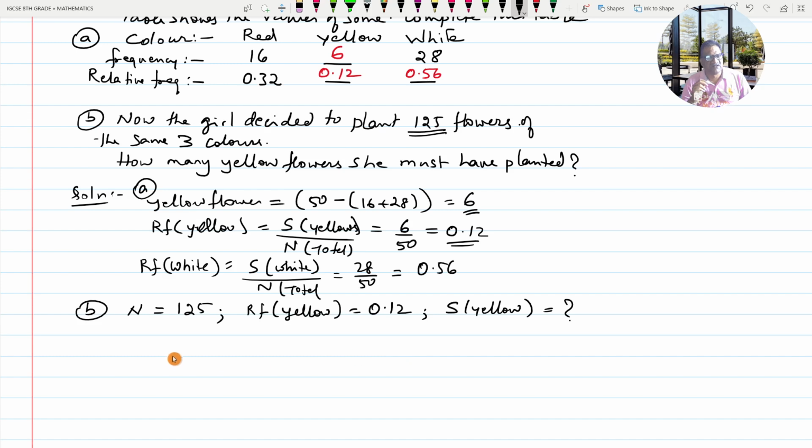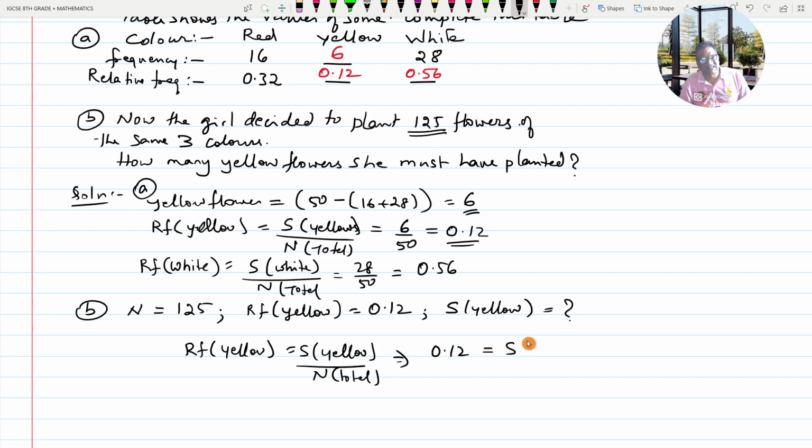This is the question. So very nicely we can use the formula RF for yellow is equal to S for yellow upon N. Okay. This is the total. So we know that RF for yellow is 0.12 equal to S, which is something that we want to find out, upon N, and this will be now 125 instead of 50. So if you want to find out this, all you have to do is 0.12 times 125 will give you this S, which works out to 15.